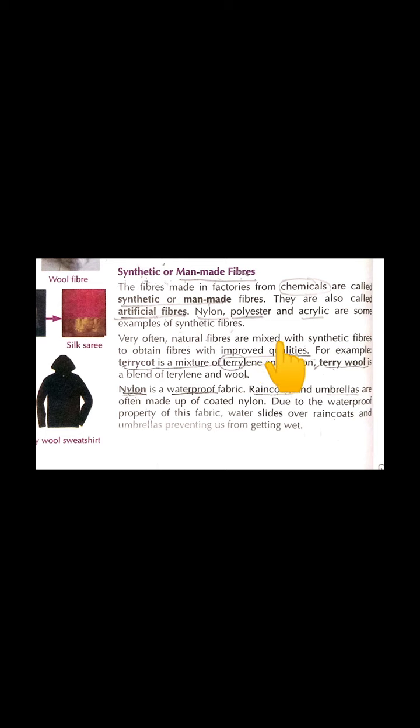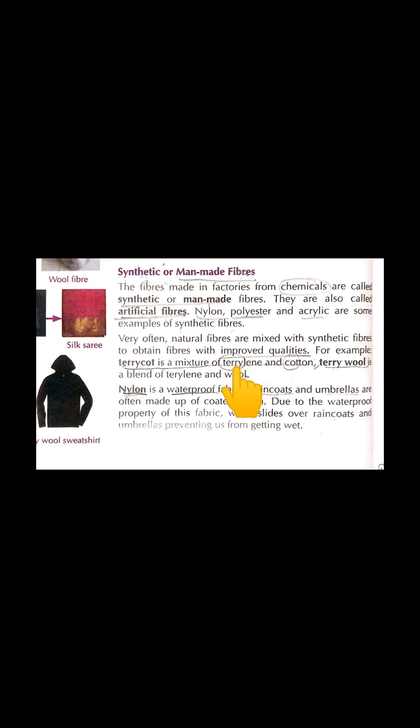Very often natural fibers are mixed with synthetic fibers to obtain fibers with improved qualities. For example, terricot is a mixture of terylene and cotton. Terrywool is a blend of terylene and wool. These days, to improve the quality of the fiber, synthetic fibers are blended with cotton fibers.